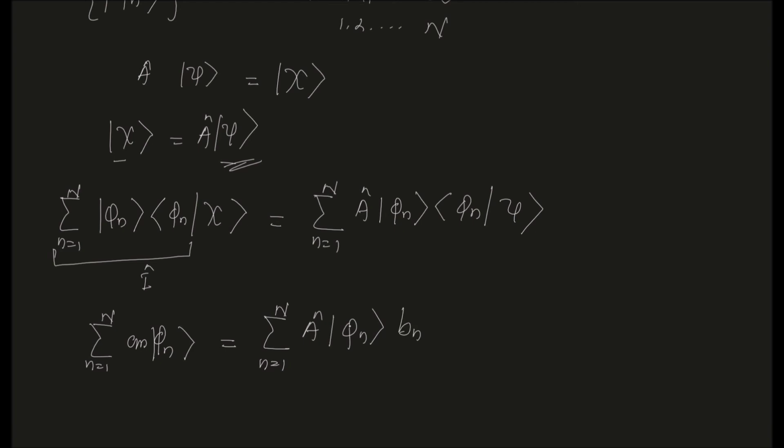Okay, so what are these coefficients? bn is given by this inner product, and an is given by this inner product.